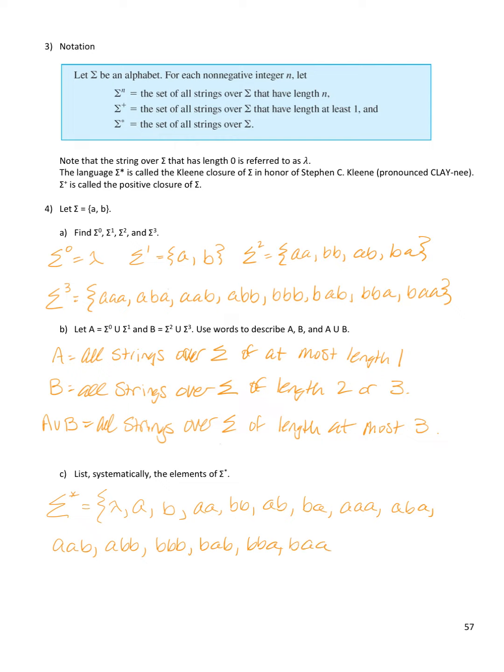Okay, so those are all the strings of length 0, 1, 2, or 3. Then we would do all the strings of length 4, which I would start with AAAA, and I'm going to write ... to continue in this manner. Writing down all the strings of length 4, and then length 5, and then length 6, and so on.